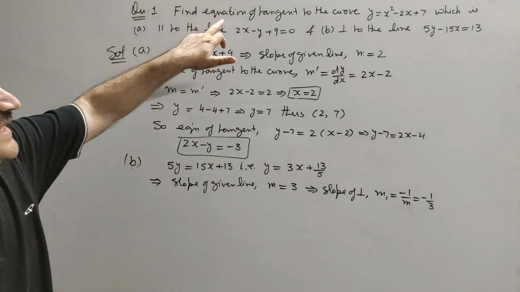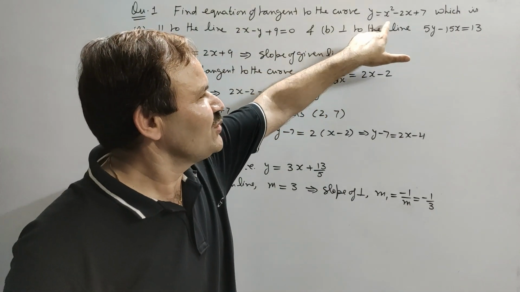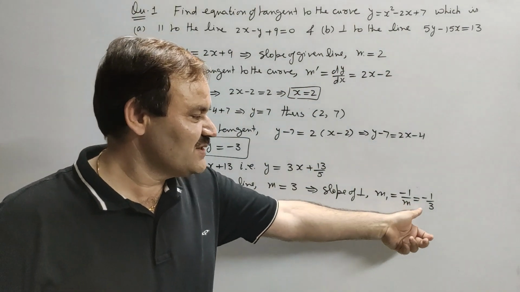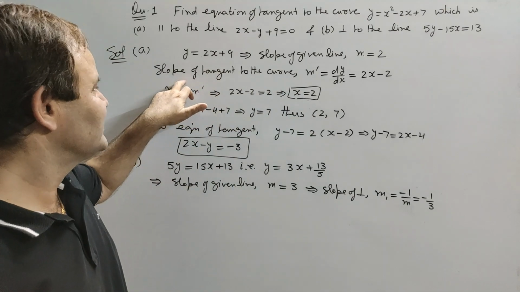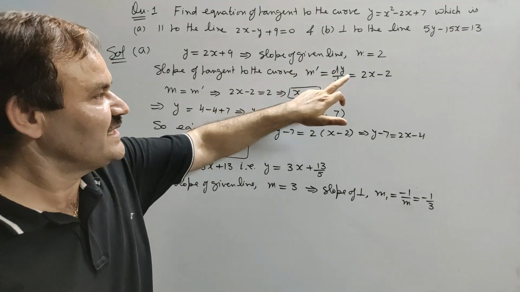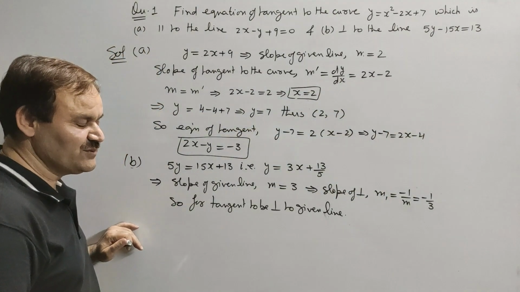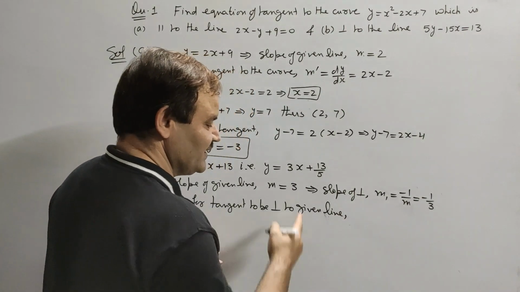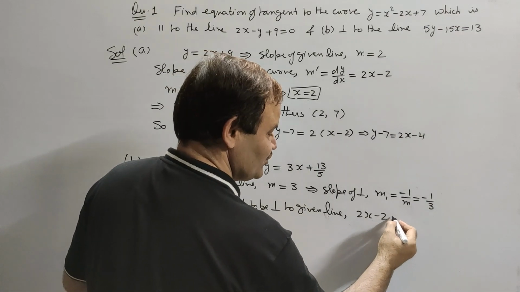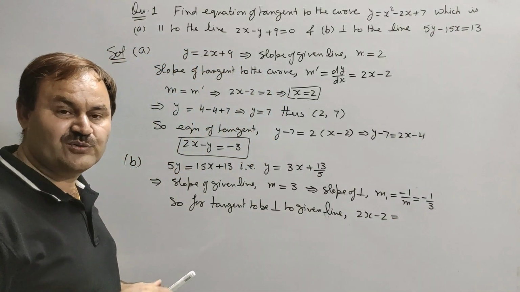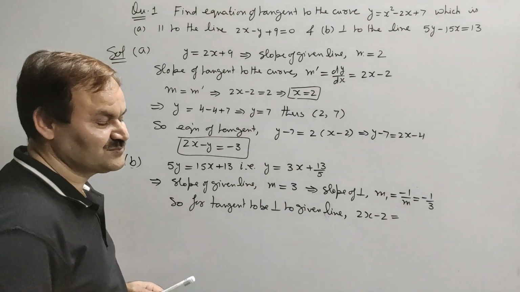Since the tangent to the curve is perpendicular to this line, this time the slope of the tangent to the curve must be equal to minus 1 by 3. Already we have calculated the slope of the tangent to the curve, that is 2x minus 2. So for the tangent to be perpendicular to the given line, the slope of the tangent, 2x minus 2, should be equal to the slope of the normal to this line.